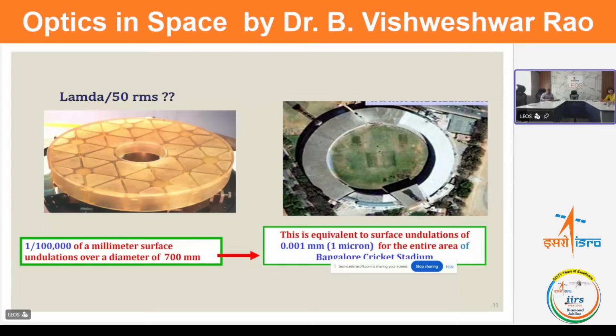If this surface has a 700 mm diameter, lambda by 50 is equivalent to surface undulations over something as big as the Bangalore cricket stadium. The undulation should be at the 1 micron level over the entire area of the stadium. To that accuracy, this optical surface needs to be made. That is the lambda by 50 RMS requirement for imaging of optical telescopes.